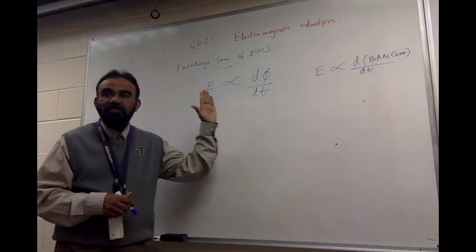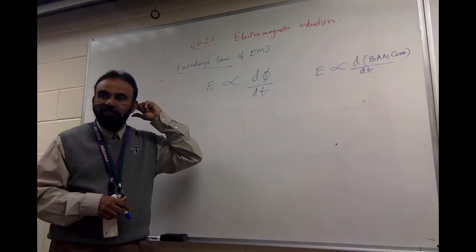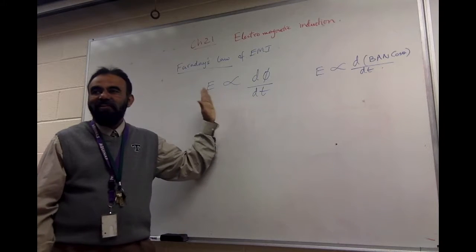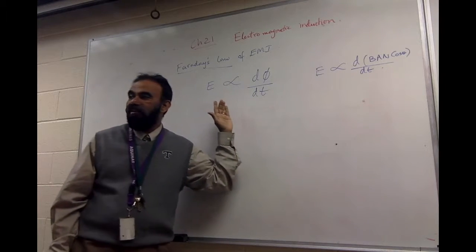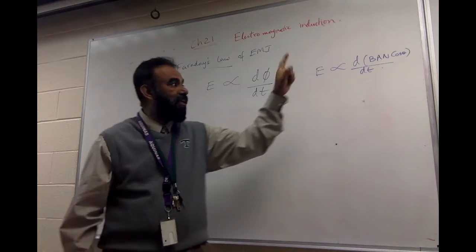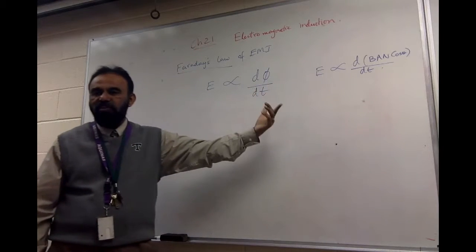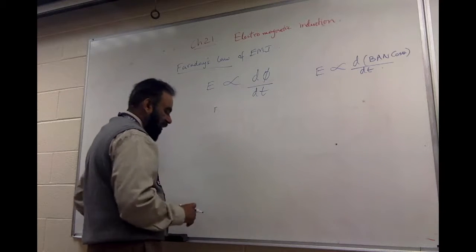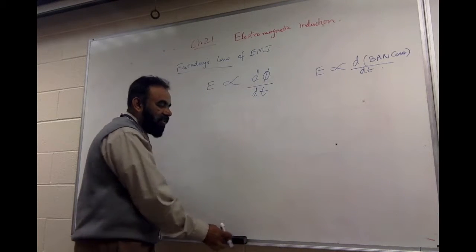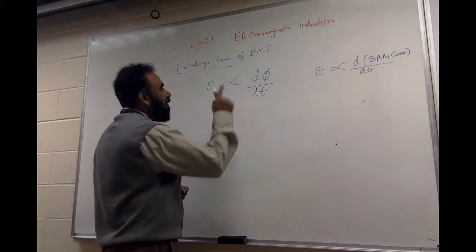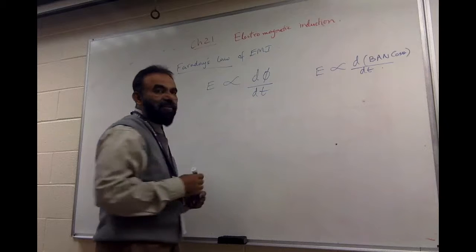Now Faraday stopped here. Faraday was so happy that he came up with something. He was so excited that he came up with Faraday's law, which says EMF is directly proportional to the rate of change of magnetic flux. You can write it down in words: the EMF is directly proportional to the rate of change of magnetic flux.